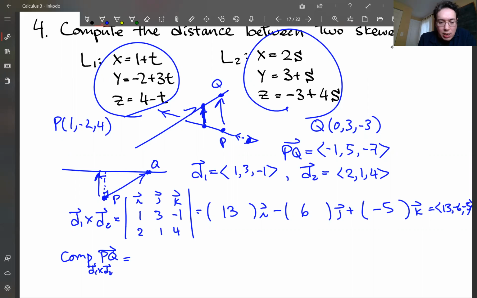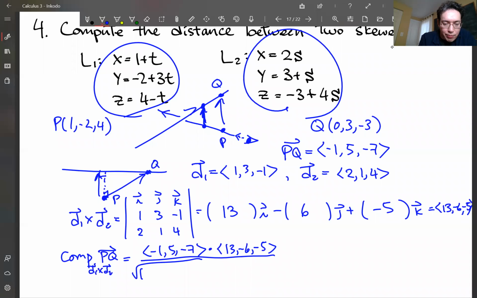So I take the dot product with this cross product, 13, -6, -5, and I divide by the magnitude for each of these. I usually compute these separately and then put it together at the end. I wish I had done that.